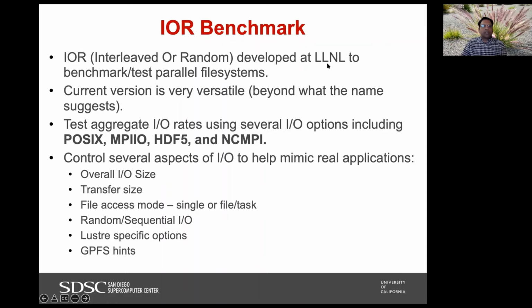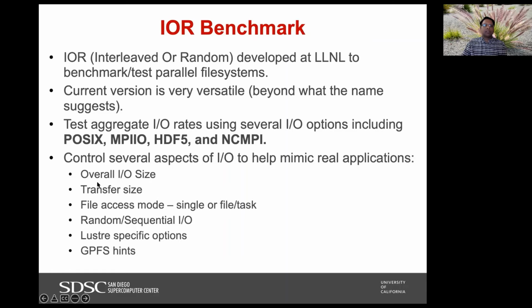It was developed at Livermore and is a good benchmark for testing parallel file systems. The current version is pretty versatile. It lets you do lots of different types of IO like POSIX, MPI-IO, HDF5 and NCMPI. It controls lots of aspects of the IO so that you can mimic a real application.